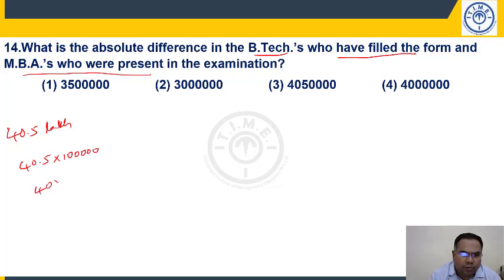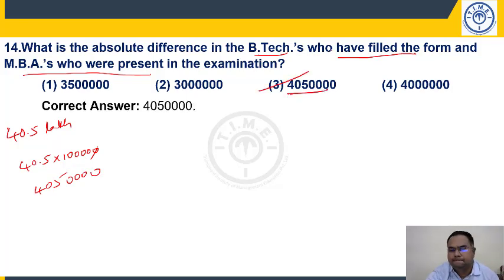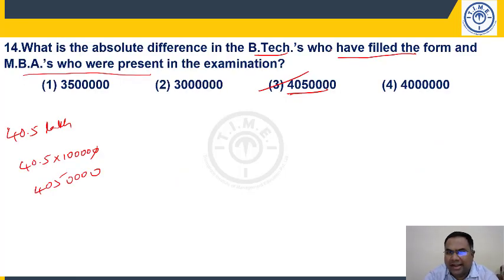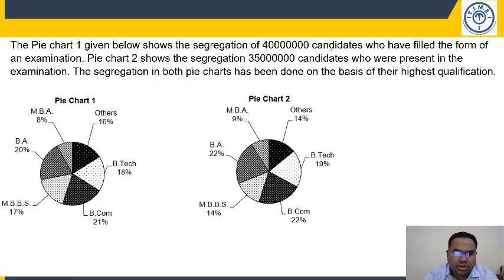So 405, 1 will go for this point, then 4 zeros, 1, 2, 3, 4. 405 followed by 4 zeros, it is choice 3. Right? 18%, 18 into 4 lakh, 72 lakhs. Here 9%, 9 into 1% is 3 lakh 50,000, 1% value. So 31.5 lakhs. Difference will be 40.5 lakh, or it is in third option.